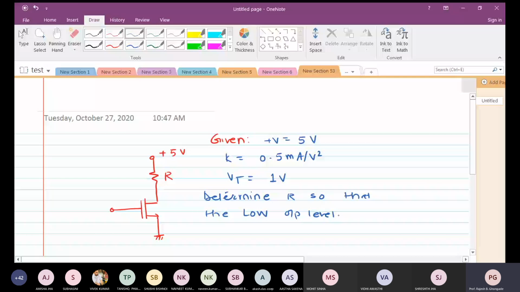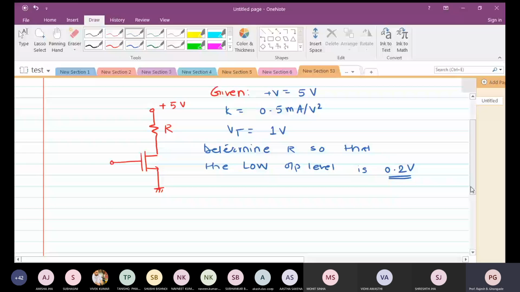This is what I was talking about. When the output is high, it is going to be the entire plus 5 volts, no problem with that. But what about the low? As we said, we are expecting a weak 0 here, but that has to be restricted to 0.2. Okay, so we are talking about the design. Let us see the solution.